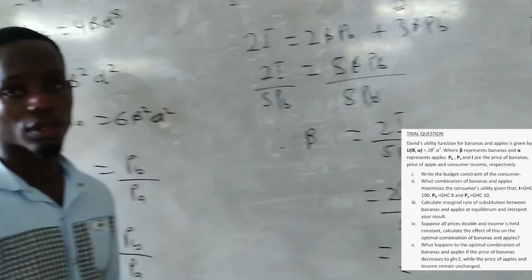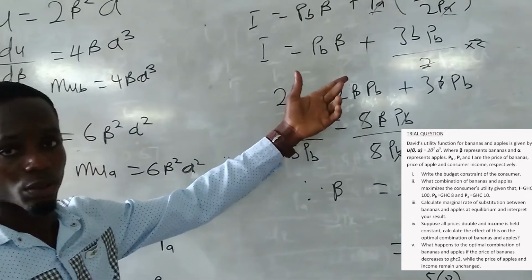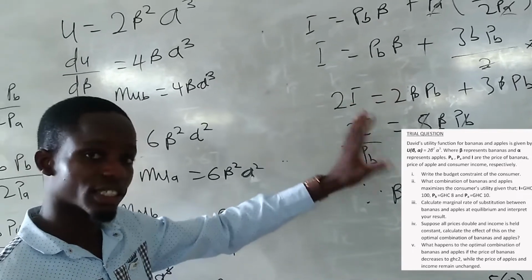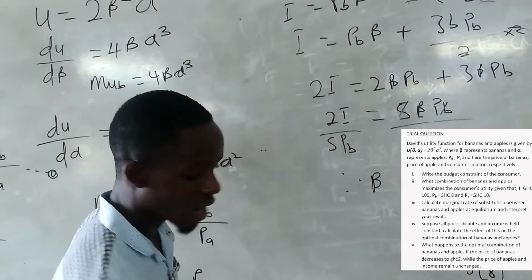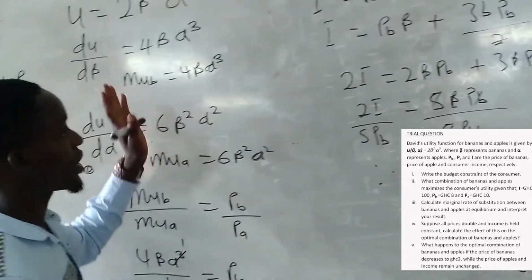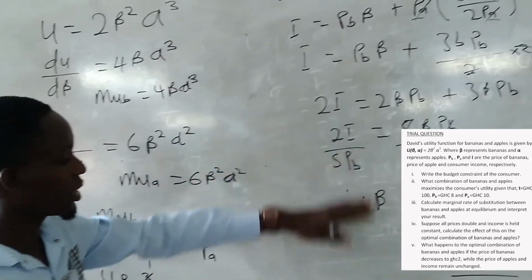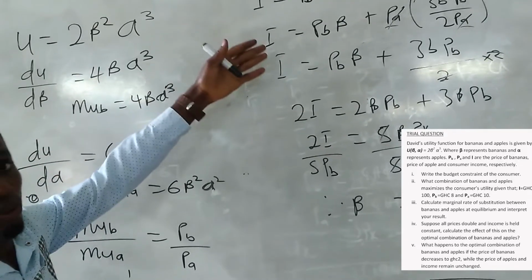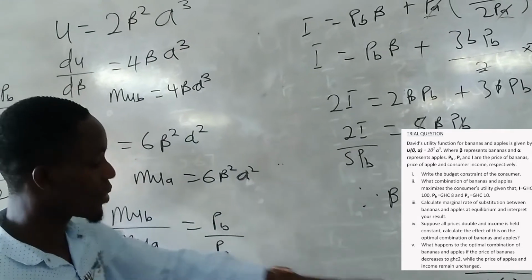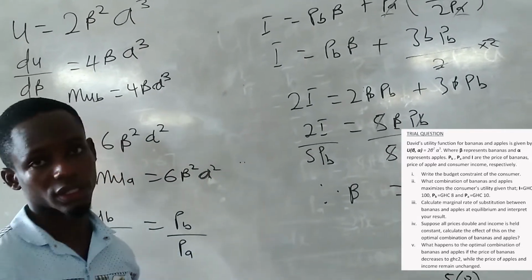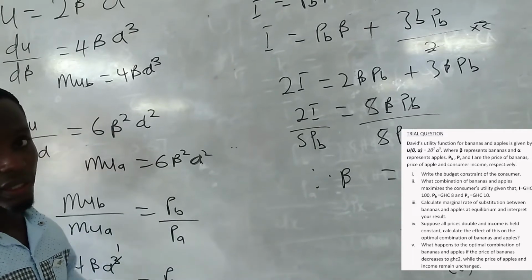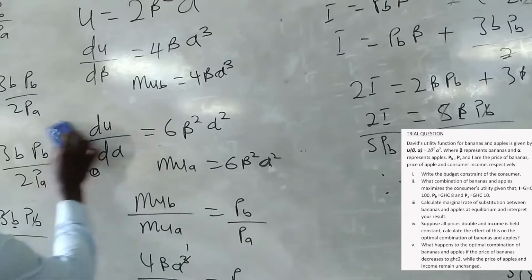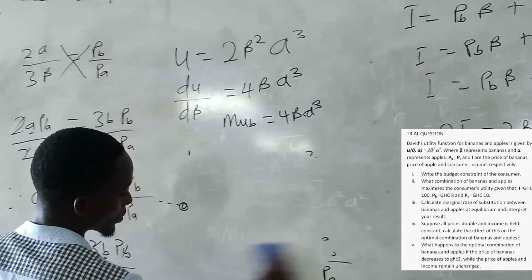Now, we were given the price, we were given the income. So to find the quantity of commodity that David would consume for beta, we only substitute our price and income. The price of B is 8, and then price of A is 10.